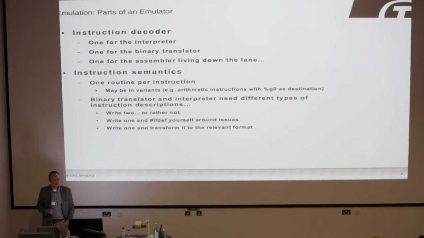But I'd rather not. You have a bug in one of these and you're trying to maintain them. I mean, it's a nightmare, right? Or you write one and then you just hash if-def yourself around all the issues that you encounter. Or you can use LLVM and you write one and then you transform it to whatever relevant format you have in there.